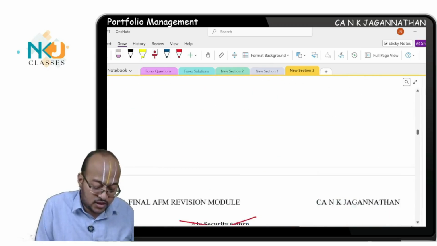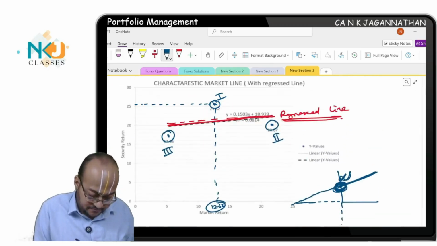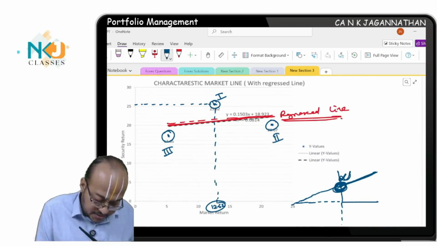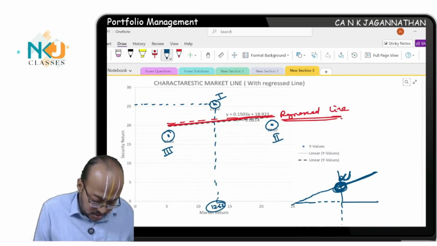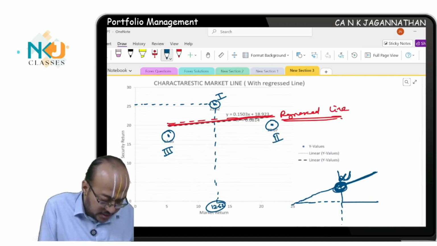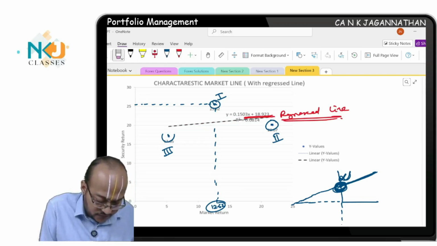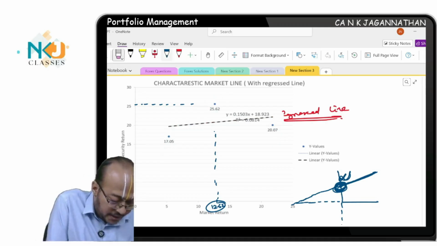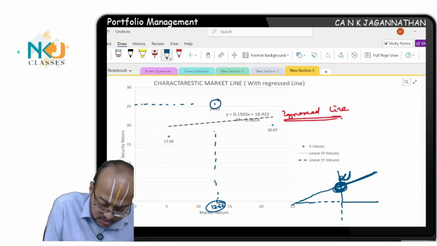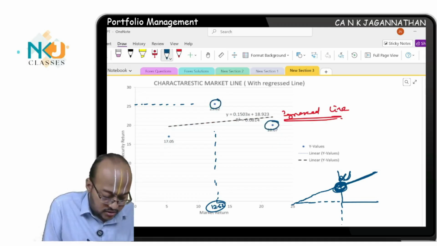If you see, I have given it in the notes. See what happens here. If you notice, this is the regressed line. I am just rubbing it off. Can you see this? Now see. The point I have given here is the actual return, correct?